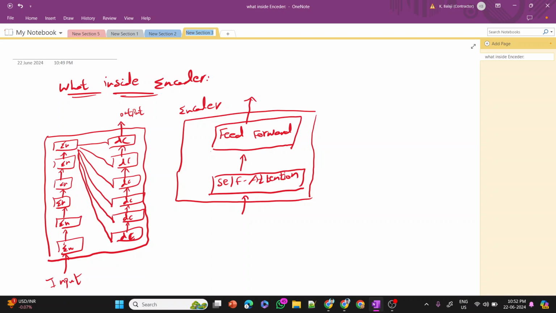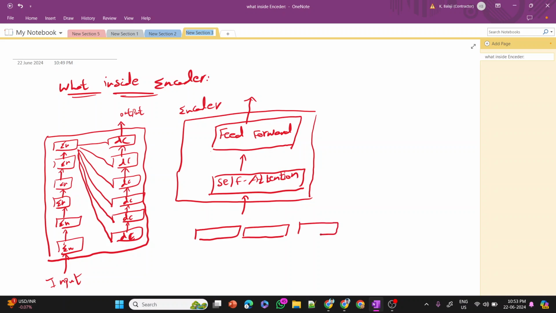Before giving the input to the first encoder, in the first step, the input sentence is first converted into a numerical vector, because a machine does not understand human language.